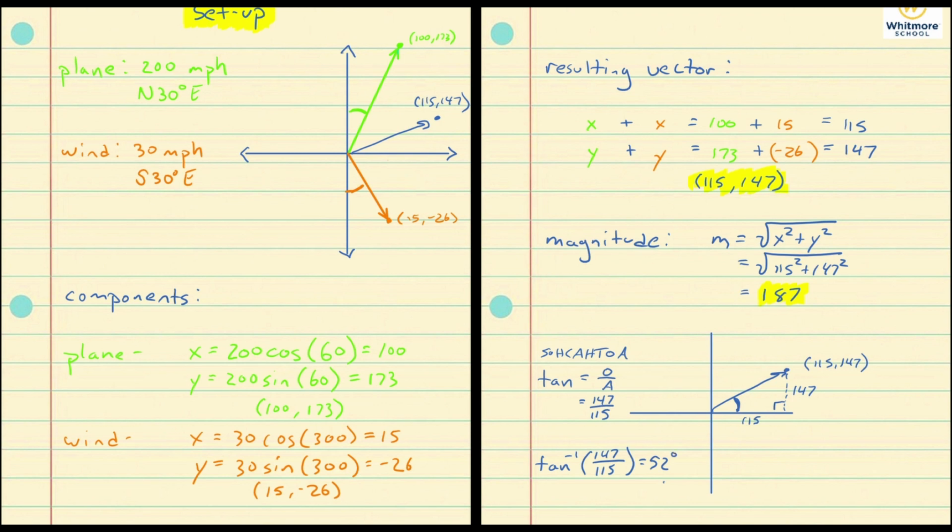Now again, we need to change this so that we can be talking about where it is in relationship to north and south. When we're using our bearings, we always start with north and south, and then we tell how far east or west we go.